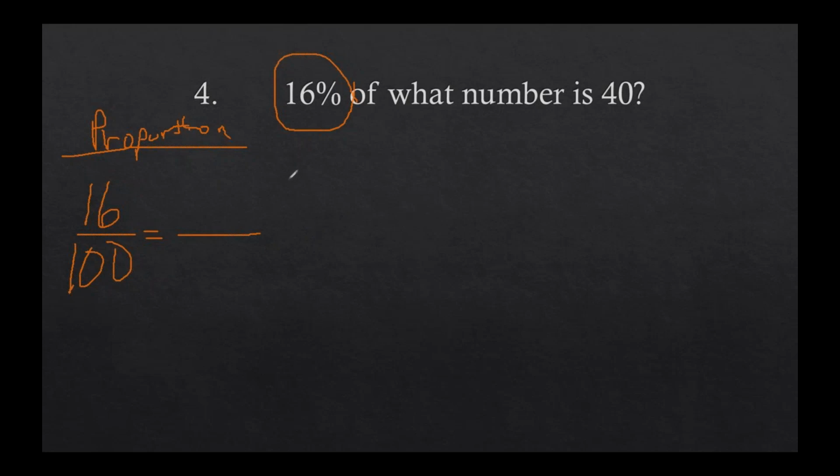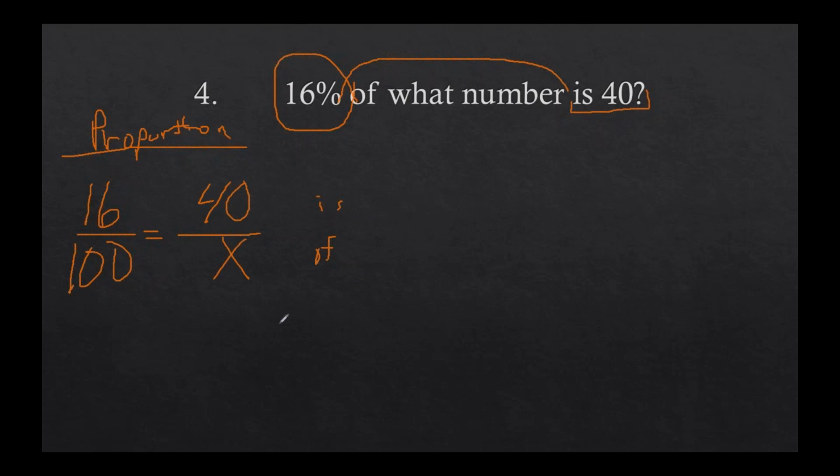Now on the other side, remember we want part over whole, or we're thinking is over of. Well, you see, is 40 of what number? So what's going to go on top? What's going to go in my numerator? The 40.